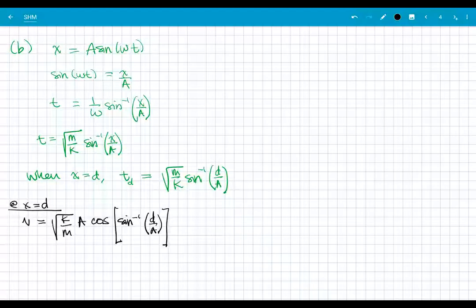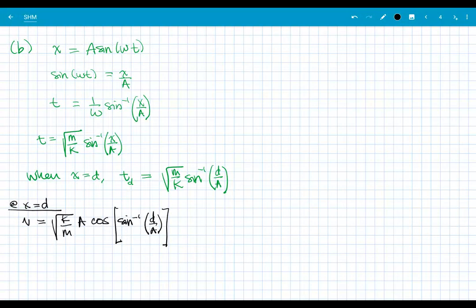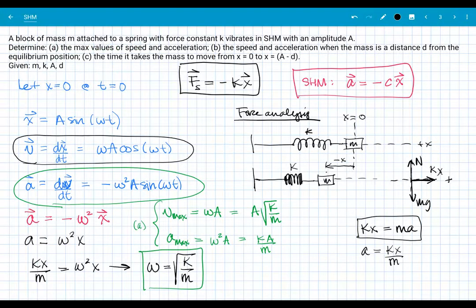Okay. So that is how I'd find the time there. And you could go through the exact same process to find the acceleration. So it's like it was in your kinematics before, right? Where you can find the time. If you're asked to find the velocity, or the speed, at a particular position, we need to find the time at that position first. And we can do that because we have the position versus time function, right? So you take that function, kind of turn it inside out to define the time at a certain position, and then you can use that time in your other functions. Okay, so that would be how you would approach B.